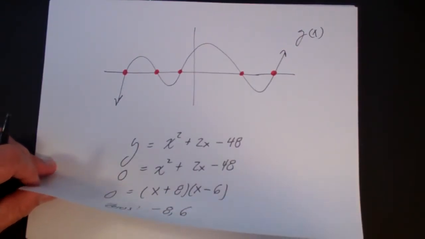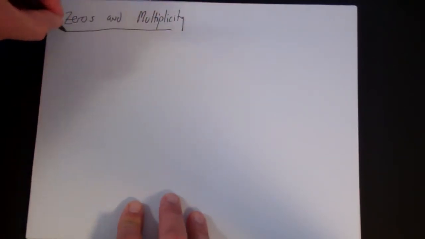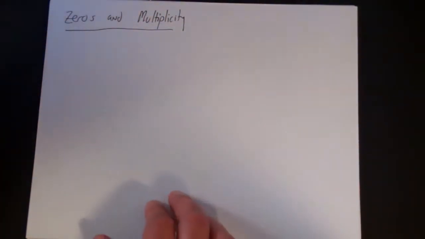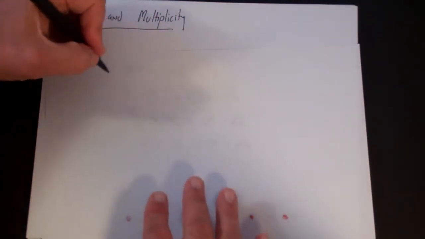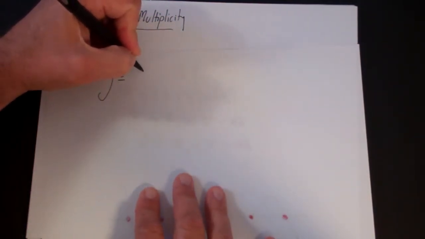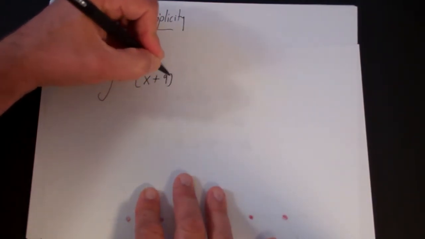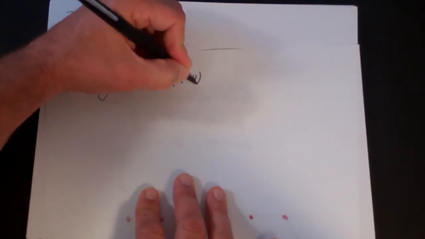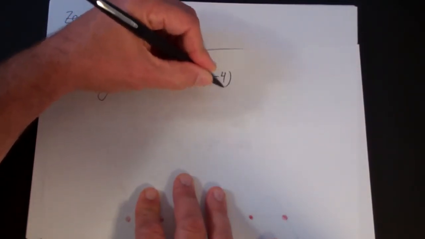What we're going to focus on a little bit more here is the idea of zeros and multiplicity. And to start with, let's just look at an example. Let's say you had y is equal to (x + 9)(x - 4)(x - 4).